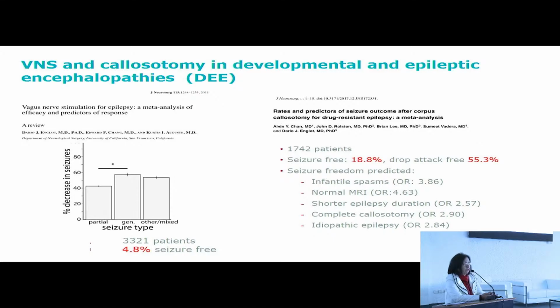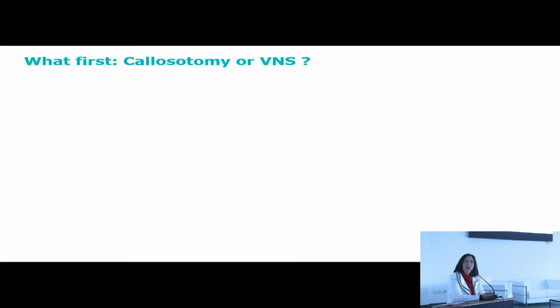It's often not realistic that those patients become seizure-free, so your rate of seizure freedom with a callosotomy is much higher than with a VNS. And here you see some predictors of whether you have a good response to a callosotomy or not. So then the question comes, what should you do first?